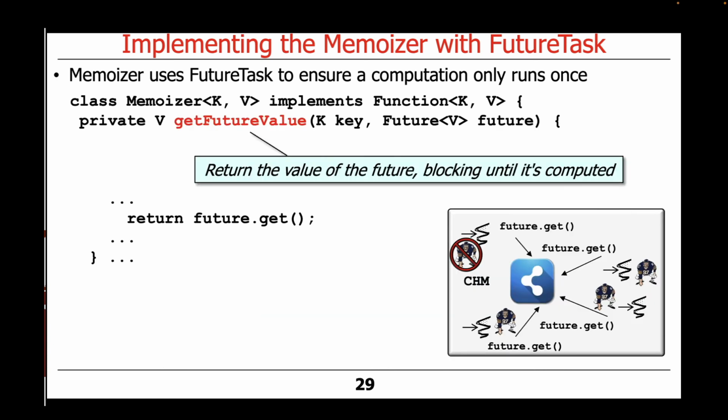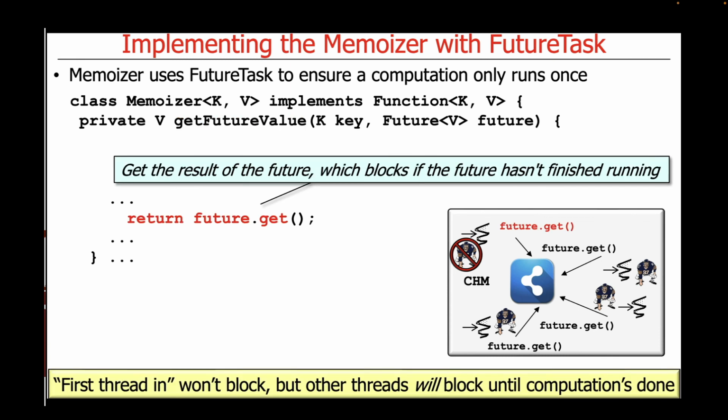So here's GetFutureValue. It's really very simple. What it does is it will call get on the future, and for the first thread in, get won't block because it will be initialized by that point. But for all the other threads that came along and didn't get nulls back, they all got futures back, the call to get will actually block here until that first thread's computation finishes running.